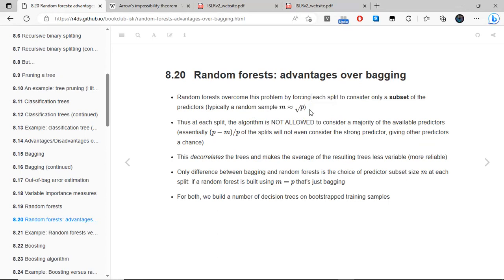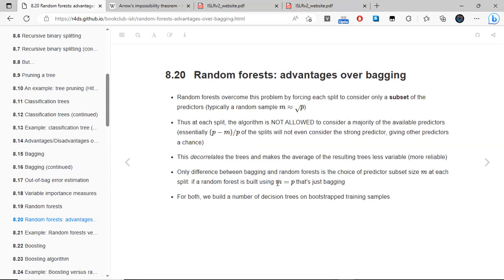So we don't have access to all of them, only some random sample of them. In that sense, we avoid the problem where some predictor came up a lot because it was very, very good. Now the decision trees generated are going to be quite different from each other due to this randomness, and that is enough to decorrelate the trees.